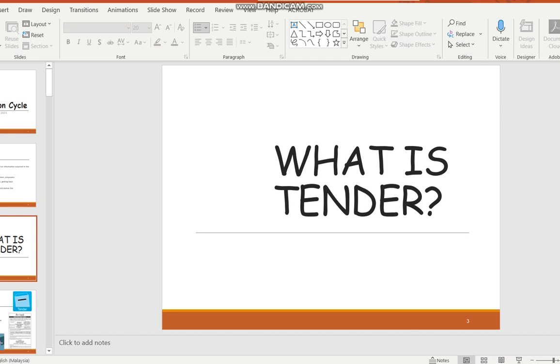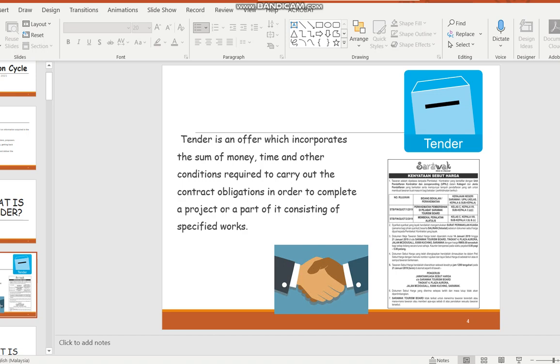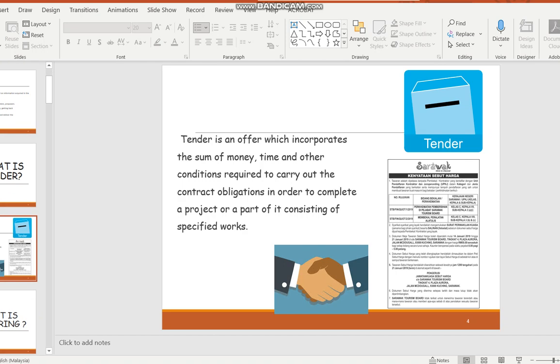But like I said, for civil, we generally would have engineers, our own civil engineers, involved all the way. Okay, then what is actually a tender? It's an offer that tells you that you're going to do the job for this kind of money over this period of time, and I agree to the terms and conditions that are stated in the documentation that is provided.